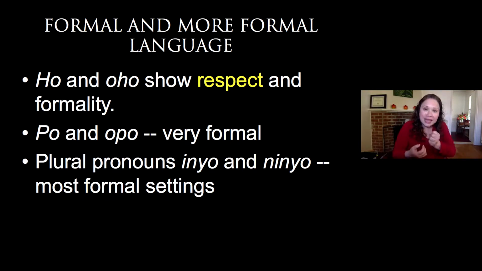Opo also means yes. But opo is more formal than oho. But people just interchange that. They say sometimes oho, they say sometimes opo, it doesn't matter. Now, ho and po are the words that you insert into the sentences to show respect and formality.